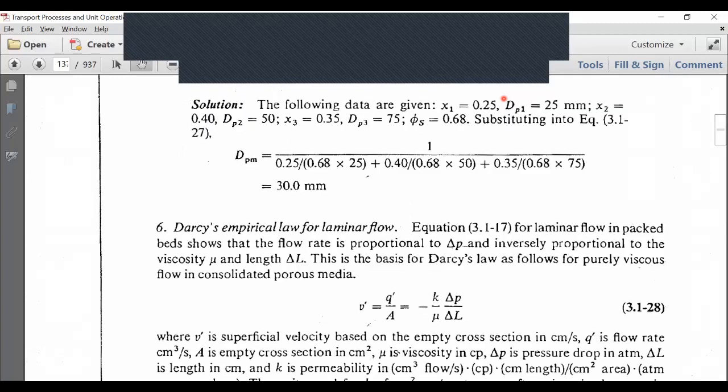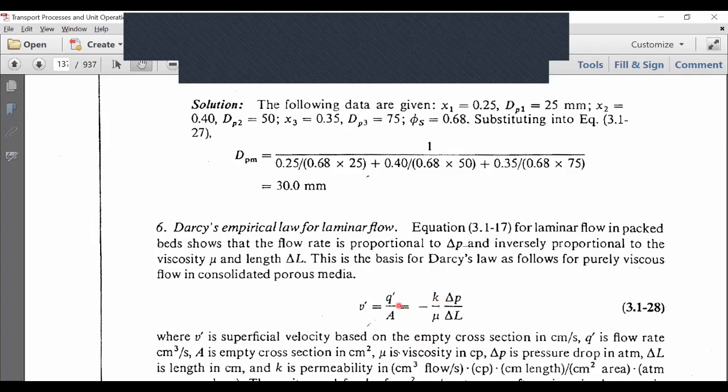This one, yes, we can use these equations. This is actually the derived equation from 3.117. So this is Darcy's law for laminar flow, to determine the permeability of the solid to the fluid.